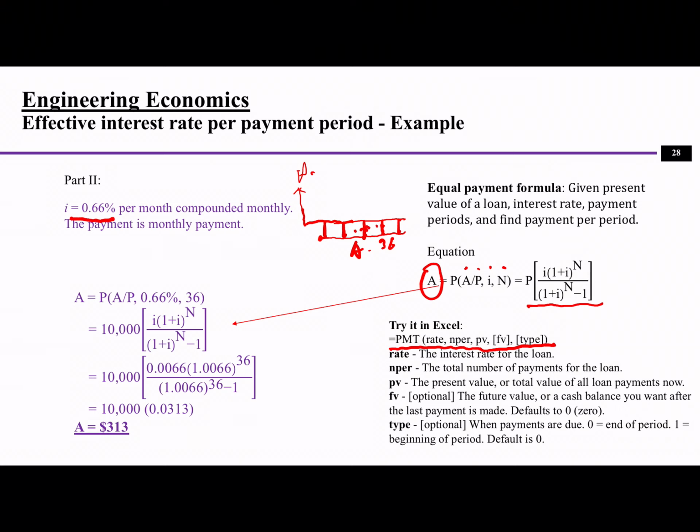And 36 will be how many periods of the payment. So it'll be 36 periods. Eventually you can find the A value is $313, which means if you want to pay that back with that monthly effective interest rate, then the monthly payment will have to be 313.